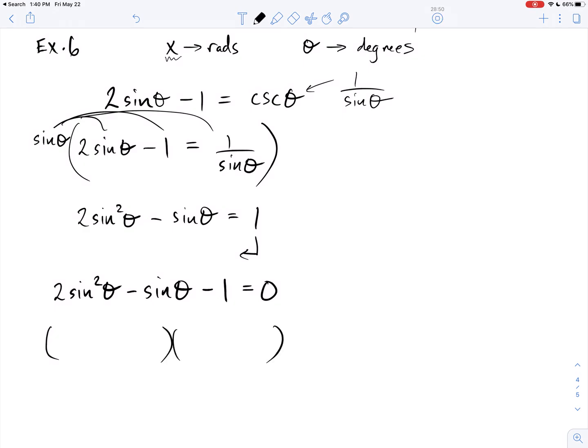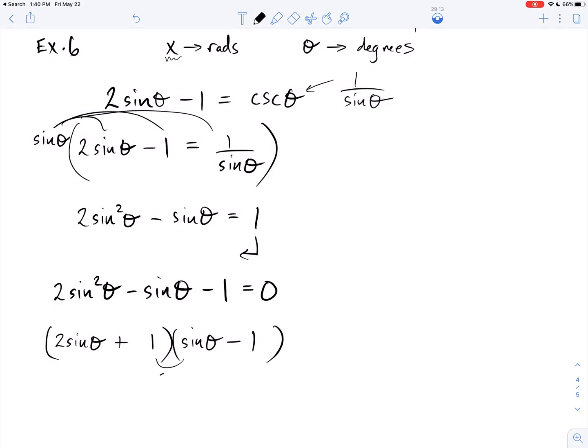Yes, you do. 2 sine theta, and then sine theta. That would give you 2 sine squared theta back. The last sign's a minus, so I know they got to be opposite signs, but I don't know which order. I'll check in a second. So let's put the ones in and see what happens.